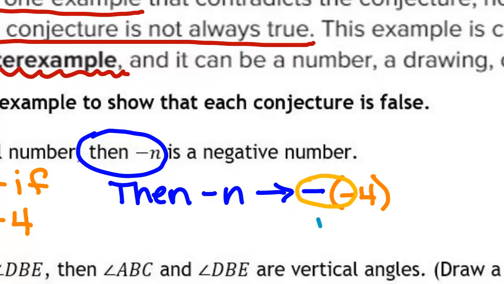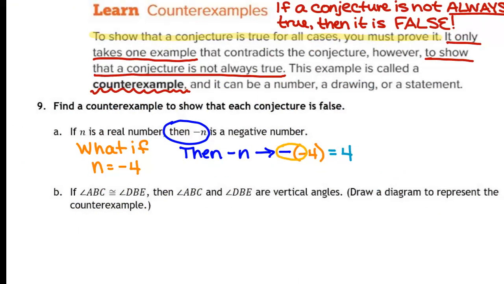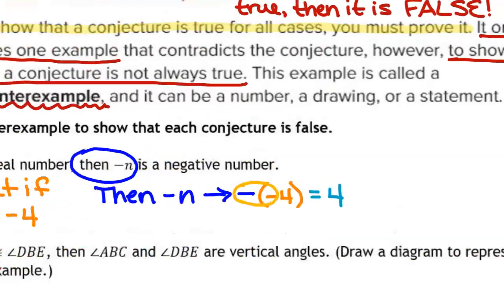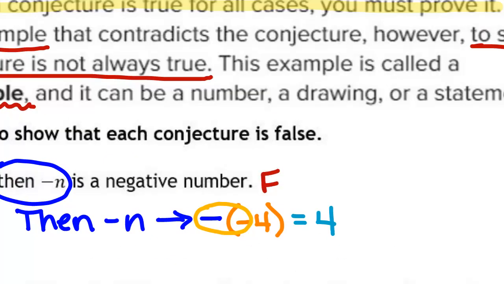It becomes a positive. So remember, my conjecture said if n was a real number, then negative n is a negative number. Did negative n come out to be a negative number? No. So this is false.